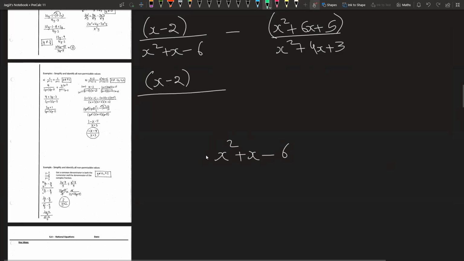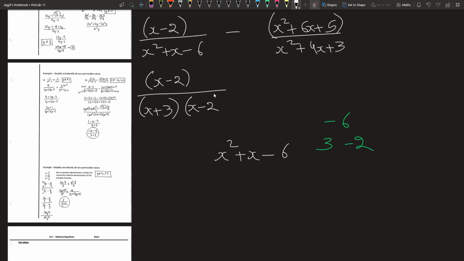Number in front of x squared is 1. 1 times minus 6 will give you minus 6. Now we want to find two numbers. When you multiply them, you get minus 6. When you add them, you get plus 1, which is right here. So it'll be some combination of 3 and 2. You want the sum to be plus 1, so it must be 3 and minus 2. So you say, okay, this will be x plus 3, and the other one will be x minus 2. Leave this as a negative.